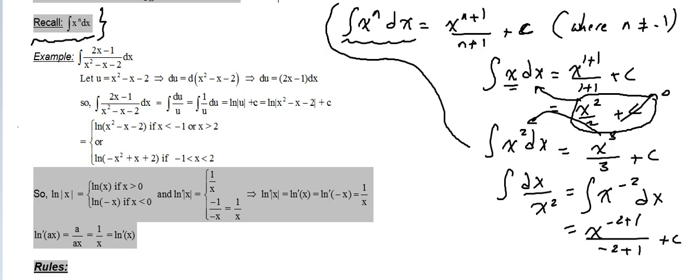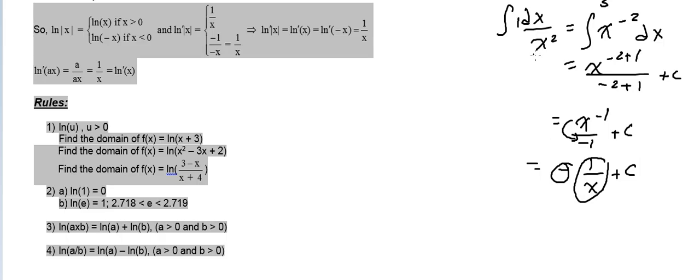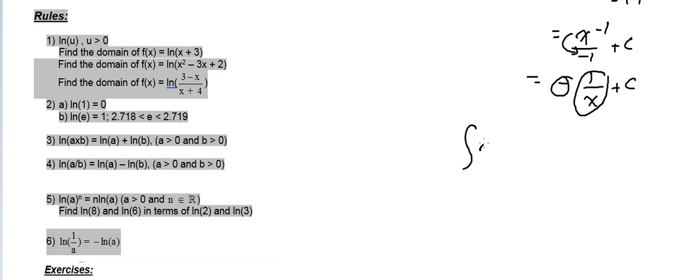The final answer will be x to the power minus 1 over minus 1 plus c, which is equal to minus 1 over x plus c. We put x to the power minus 1 in the denominator, right? And if we differentiate minus 1 over x, the derivative of 1 over x is minus 1 over x squared, times minus, it's 1 over x squared. That's correct 100%.